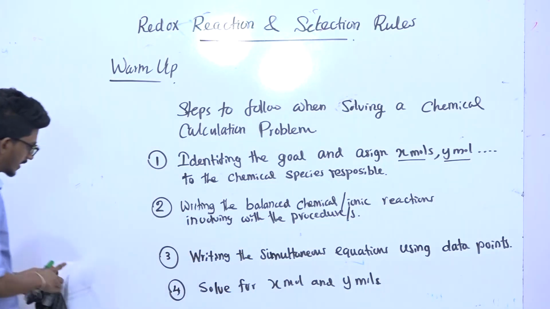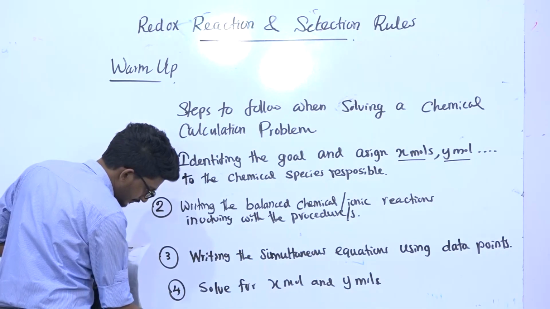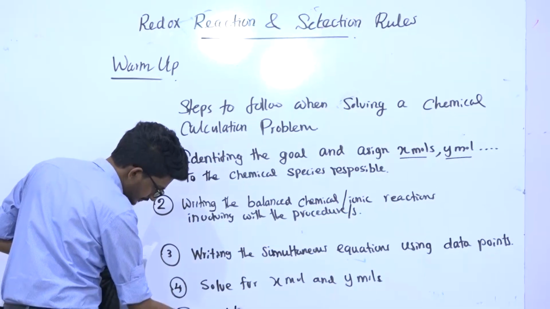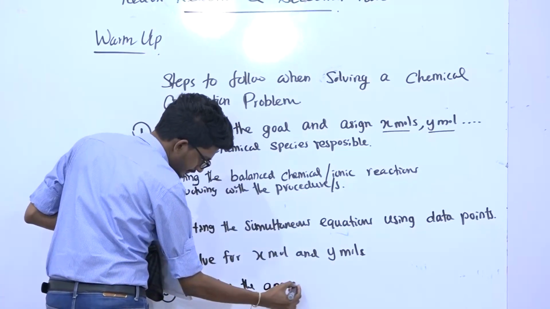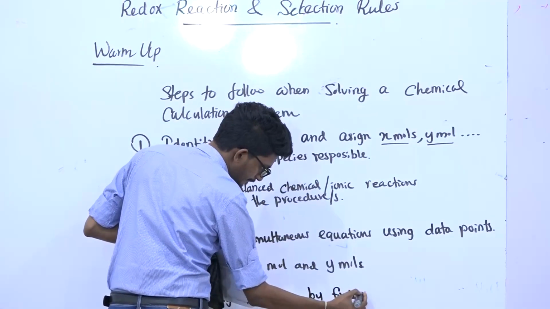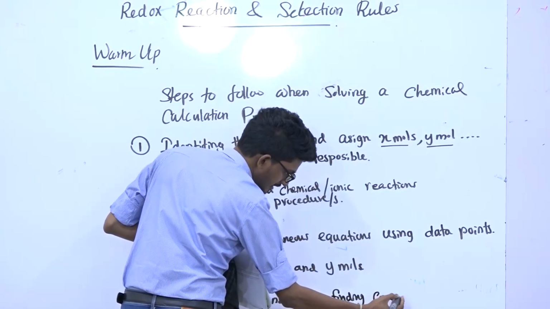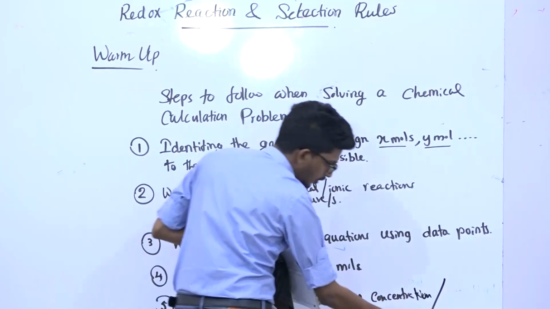So the fifth step is completing the question, the answer, by finding basically the concentration or mass percentages.